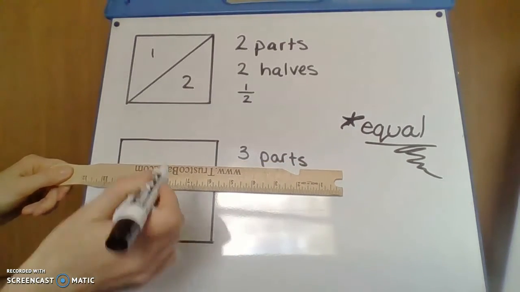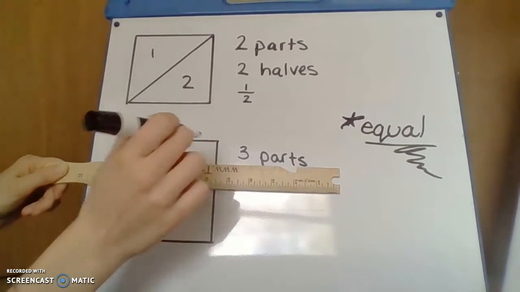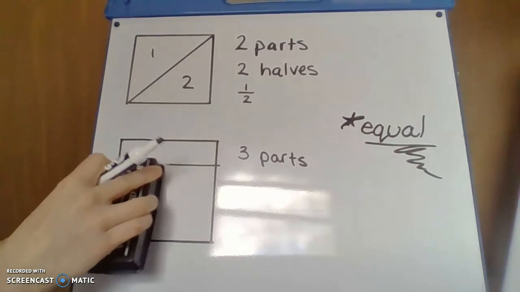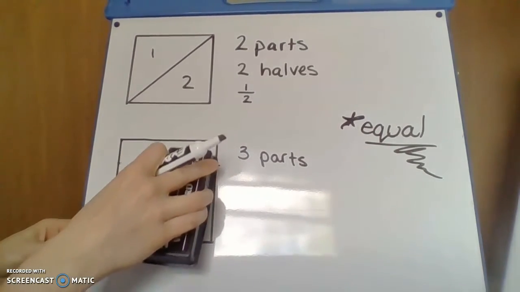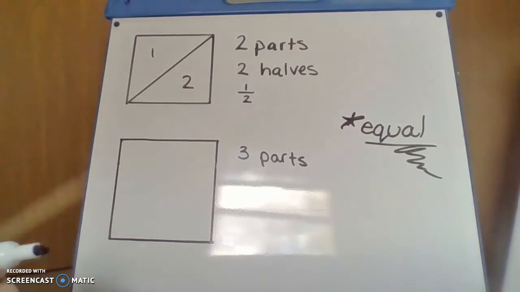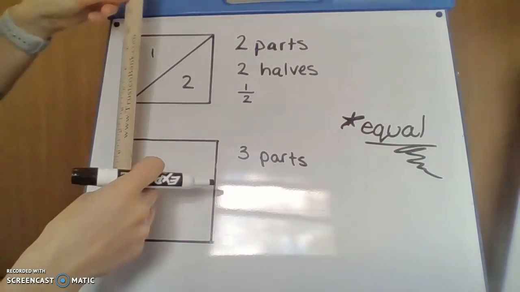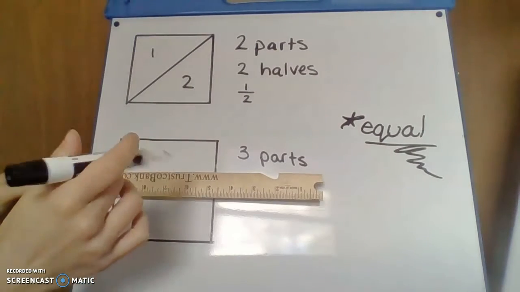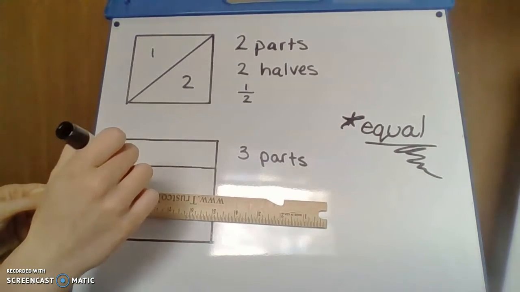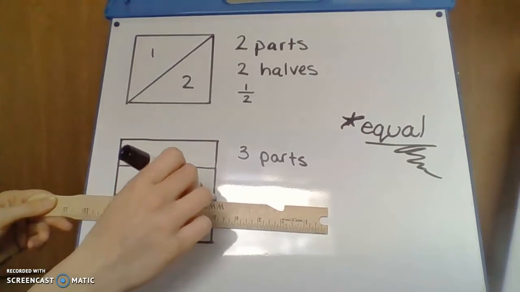I'm going to try my best to make them equal. And that certainly isn't it. But I just fix it because I know that 3 parts have to be equal, so I have to go back and I have to fix it. Maybe this is better.